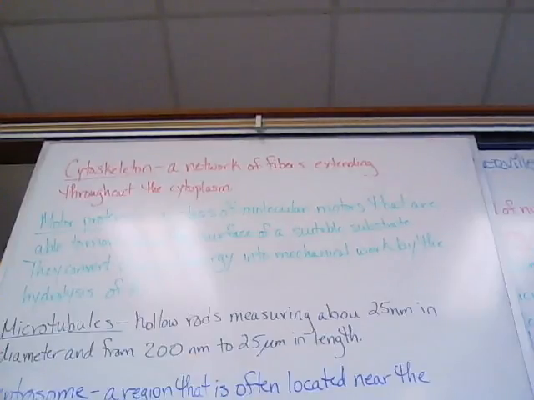Their size in diameter is about 25 nanometers with a 15 nanometer lumen. They have protein subunits, which are tubulin, a dimer consisting of alpha tubulin and beta tubulin. Their main functions are maintenance of cell shape, compression-resisting girders, cell motility, as in cilia or flagella, chromosome movements in cell division, and organelle movements.